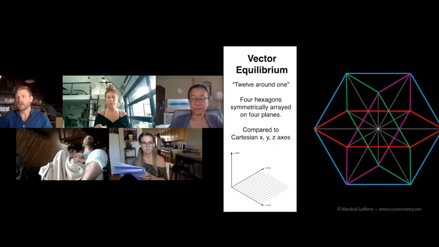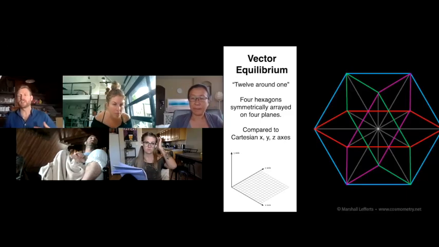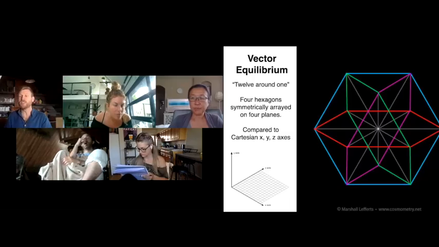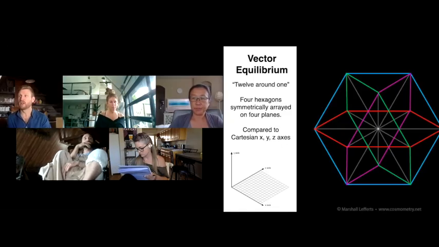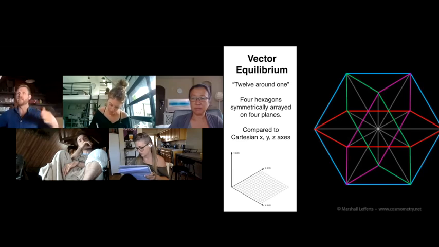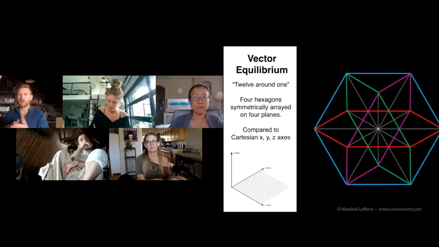And so the 60-degree coordinate system of the vector equilibrium stands in stark contrast to the Cartesian 90-degree system given by our familiar cubical XYZ axis, right? Cartesian meaning from Descartes, who had a very mechanical view of the universe. He envisioned the cosmos as a big clock, and everything was strictly physical relationships, form pushing on form with force.